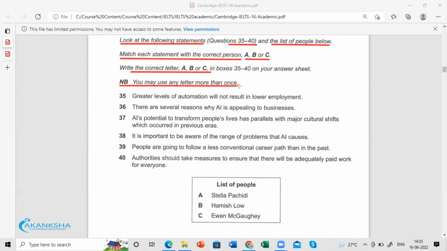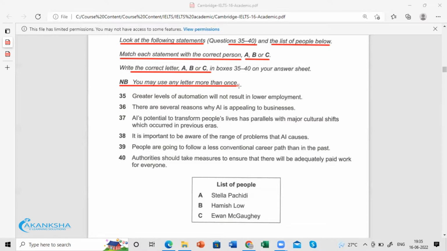You may use any letter more than once. So what's the meaning of that? It means that from ABC, one person can match more than one statement.